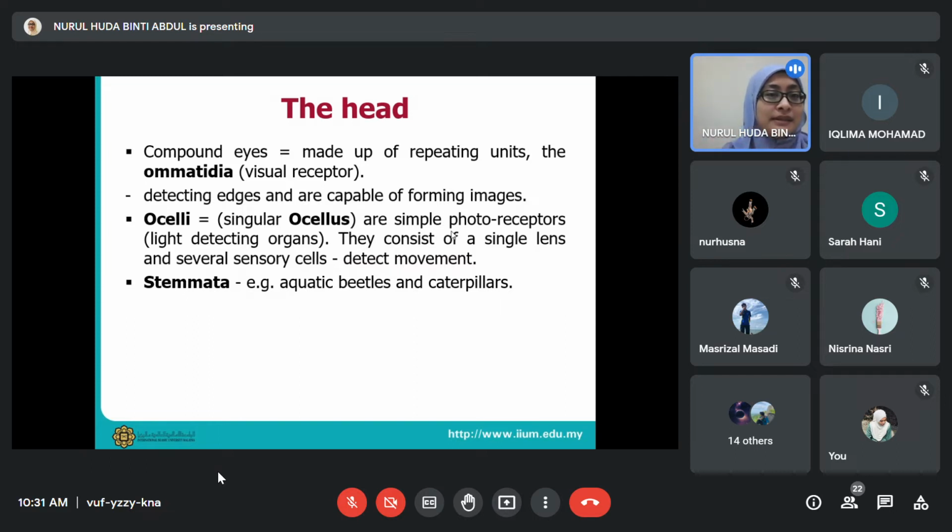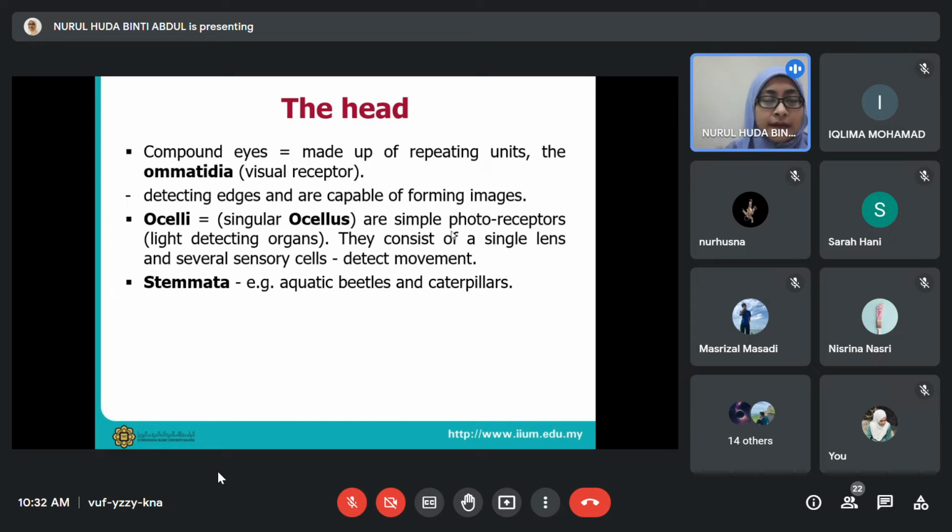So you imagine compound eyes is actually that situation, and the ommatidia are the many computer screens that show different angles. Okay, so that's how insects look through their compound eyes. So banyak-banyak screen, which is ommatidia, visual receptors that can show different angles. They detect edges and also form images.